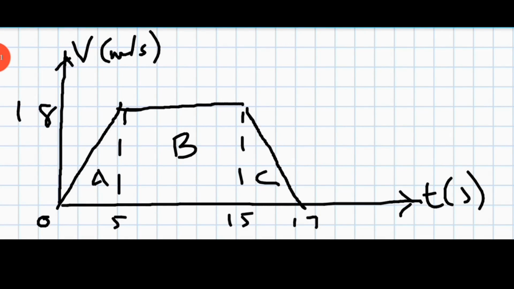We were also told to obtain the distance covered during acceleration. And also we shall consider portion A. And of course we know portion A gives a right angle triangle.